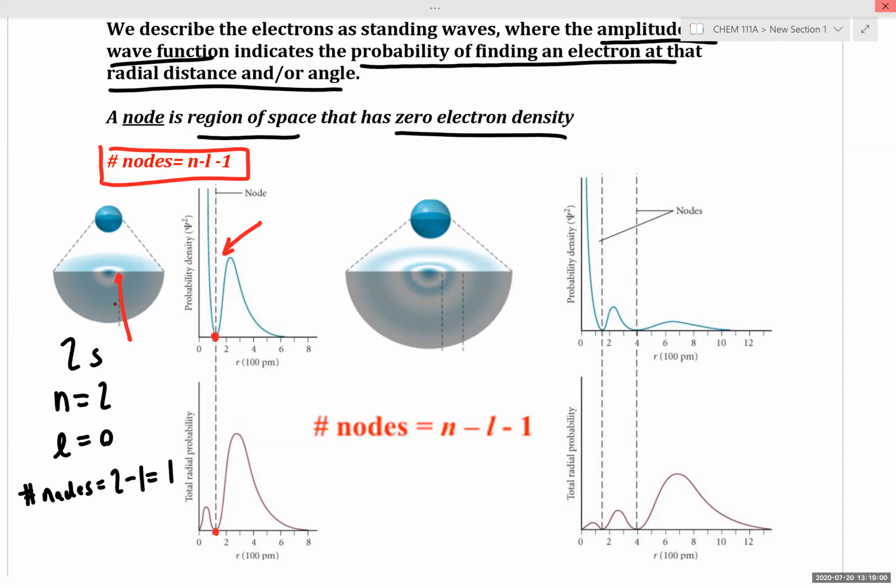And don't be shy to submit your responses in the chat or to unmute and state your answer verbally. 1, yep, we have 1 node. Does everyone see this one region with no electron density that's not shaded in? And graphically, does everyone see the region where our probability goes to 0? That is known as a node.